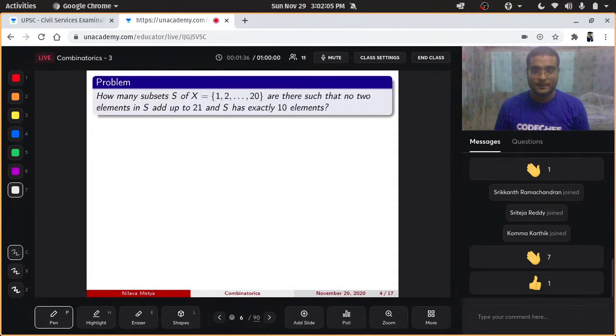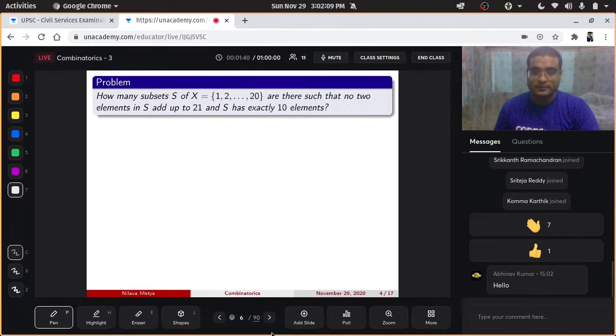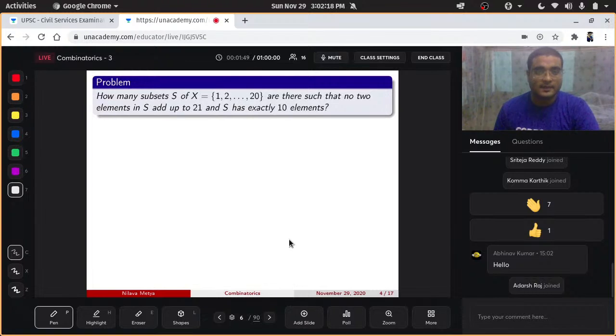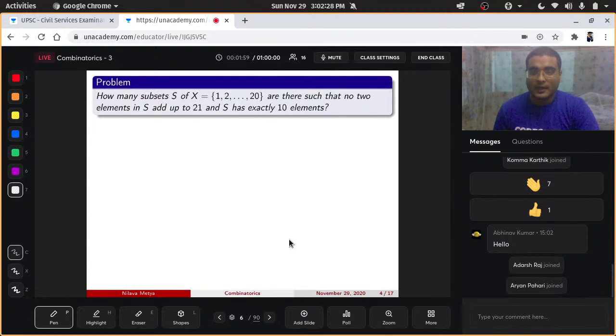All right, so we will begin with a problem. I will give you a poll. So this is the question: how many subsets S of the set X, 1 through 20, are there such that no two elements in S add up to 21, and this subset S has exactly 10 elements?